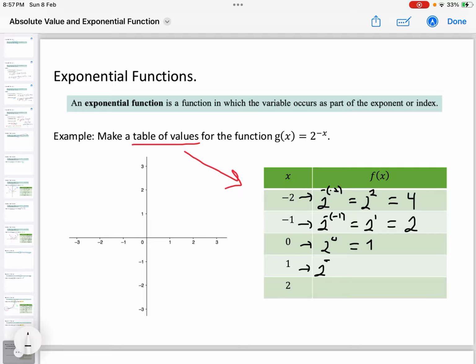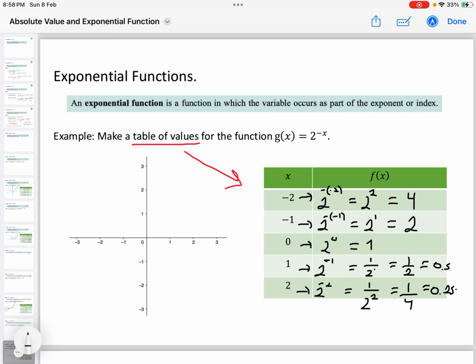And then let's continue. 2 with a power -1. By using the index laws, that's 1 over 2 with the power 1, and that's the same as 1/2, or 0.5. And then finally, 2 with the power -2, which is 1 over 2 with a power 2, which is the same as 1 over 4, which is 0.25.